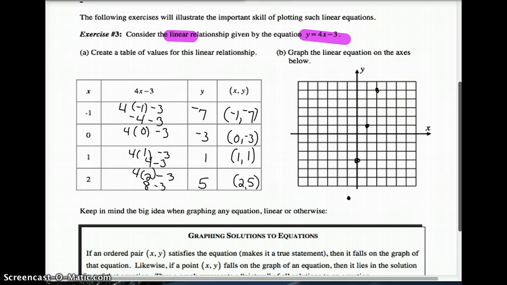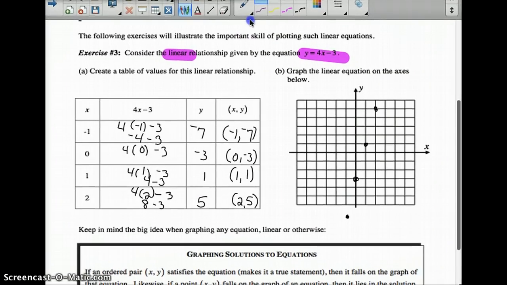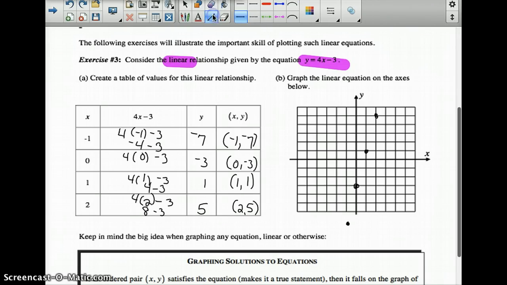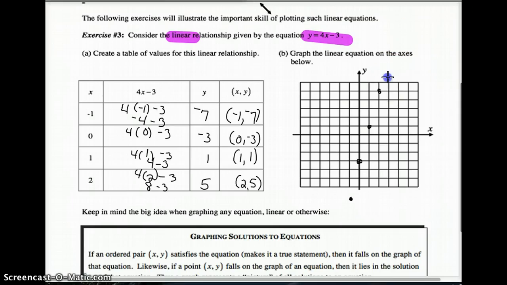And now we have to connect the dots. So you're going to use a straight edge. I'm going to use this little line tool that I have. But you're going to use a straight edge and connect the dots. You can use the back of your calculator, anything that's straight, but it has to be straight, okay?